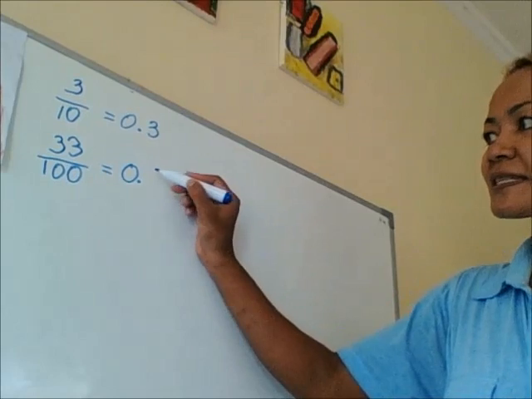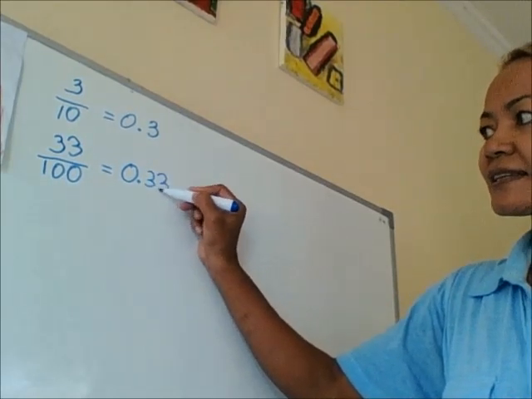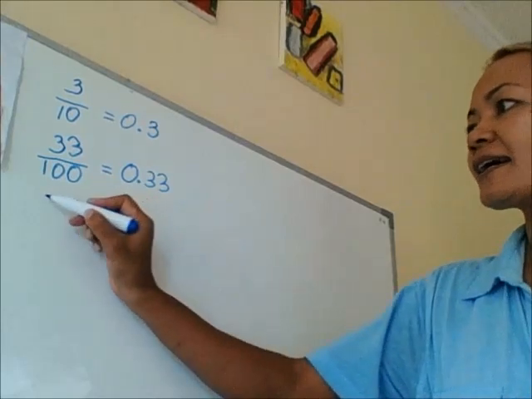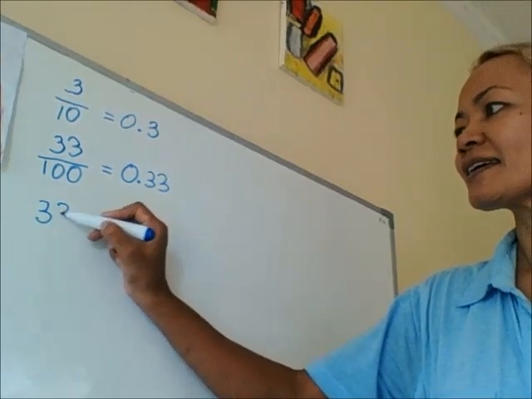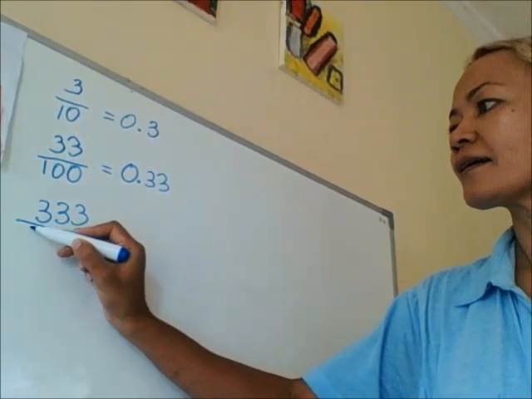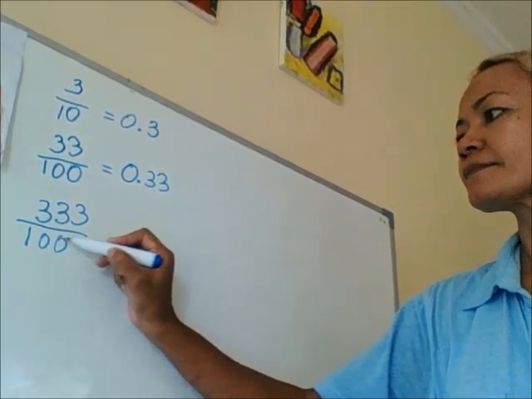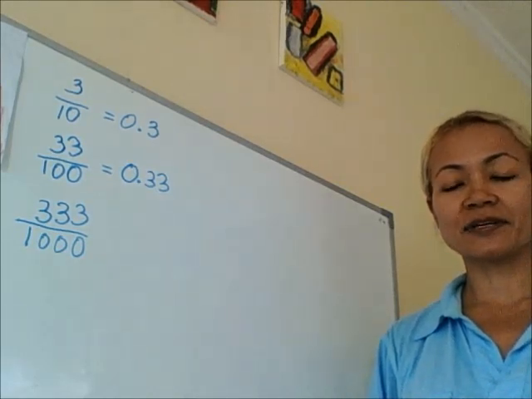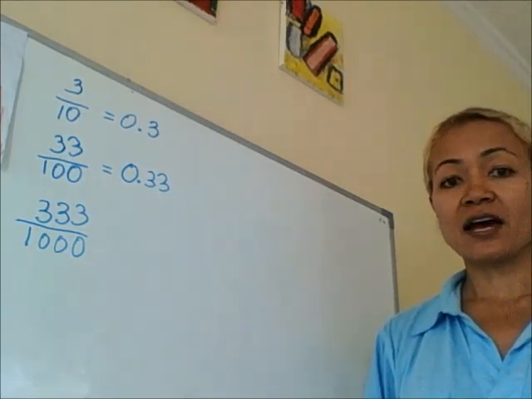You've got 2 numbers here. That very easily goes over there. Next one. 333 over 1,000, 333 thousandths.